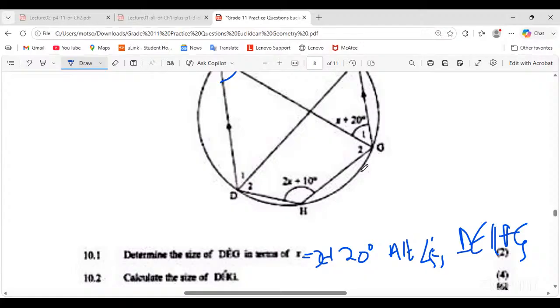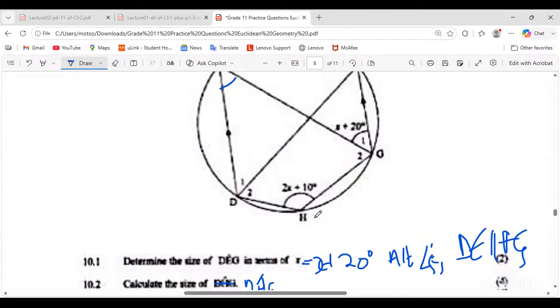Oh, there we go. It is DHG. Is it DHE? Yes, it is DHE. Calculate the size of angle DHE.